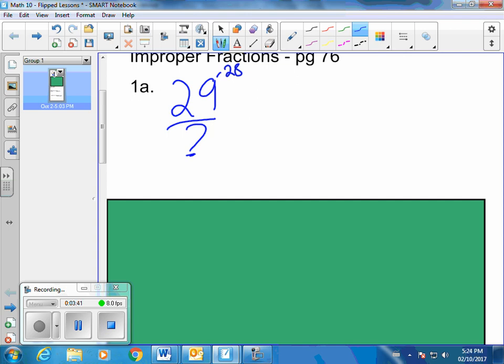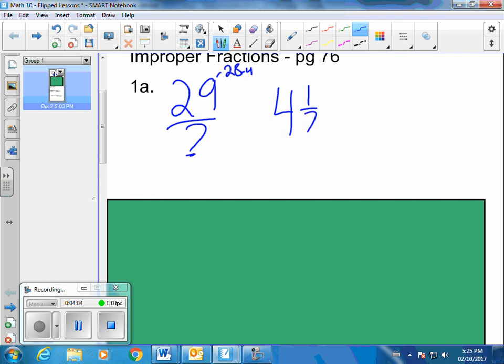I know that 7 eventually goes into 28 nice and easy. It actually goes in 4 times. So I am left with 4 full units, 4 7 over 7s. It's easier to remember that way. I have 4 7 over 7s, and I'm also left with 1 over 7.